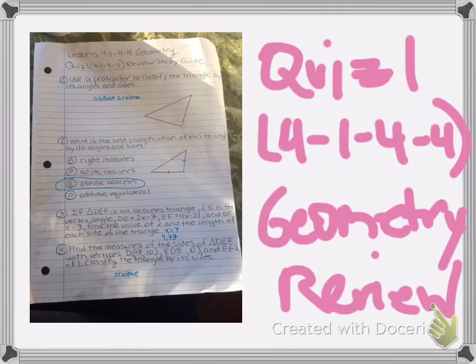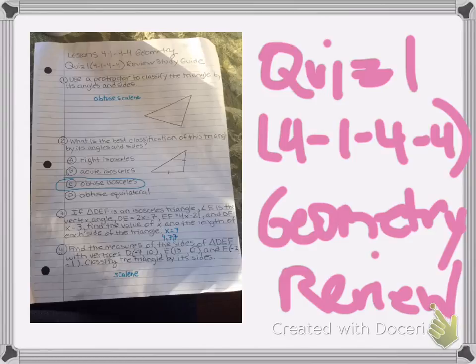Now we're asked to find the measures of the sides of triangle DEF, and it gives us vertices. Now if we're trying to find the measures of the sides and we're given vertices, that means we need to find the sides by the distance formula.